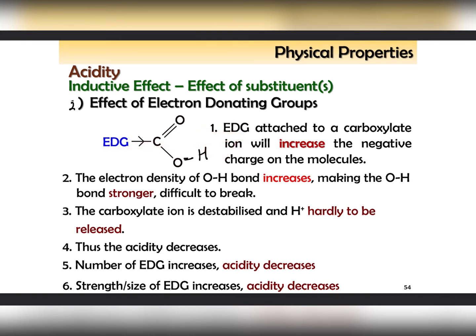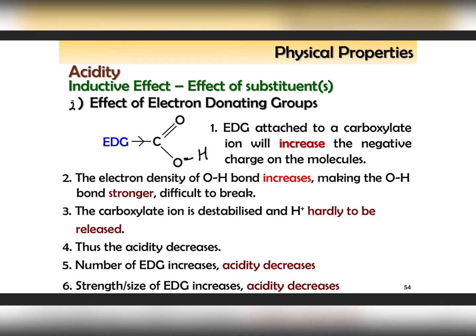Okay, this will make OH bond here become stronger. And kamu nak break pun susah. Okay, bila you tak prefer untuk form this carboxylate ion, okay, it is not stable ataupun less stable. So that means H plus ion pun kurang.